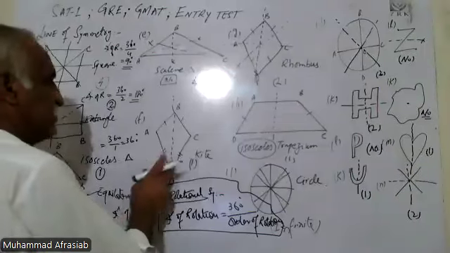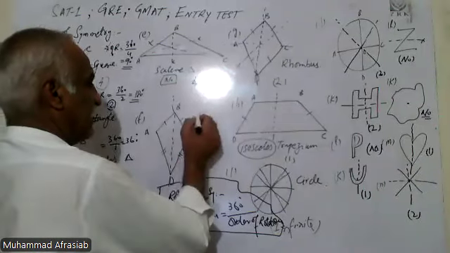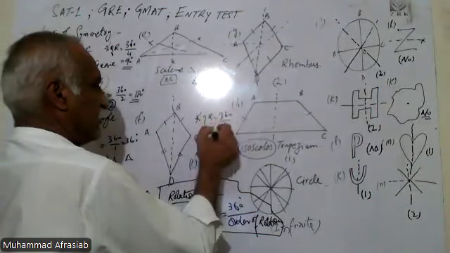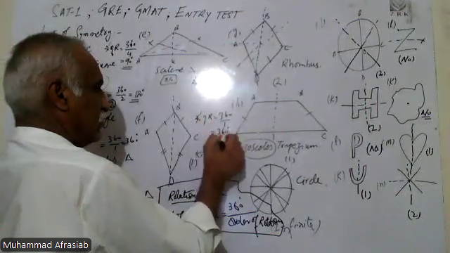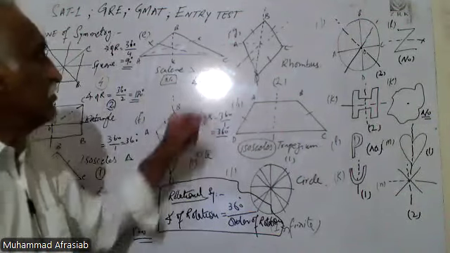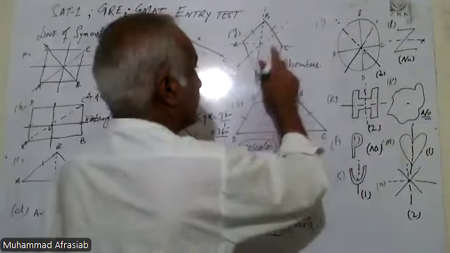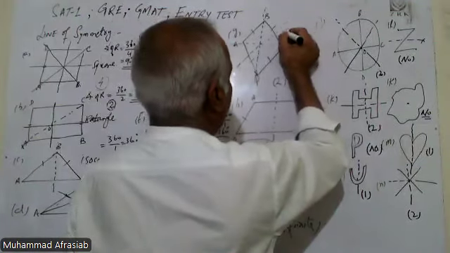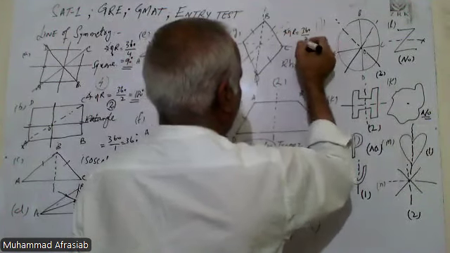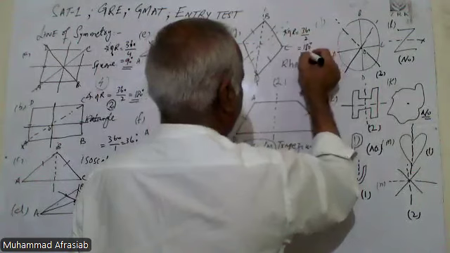For this kite, there is one line of symmetry, so the angle of rotation will be equal to 360 divided by 1, which is equal to 360 degrees. For this rhombus, there are two lines of symmetry, so its angle of rotation is equal to 360 divided by 2, or 180 degrees.